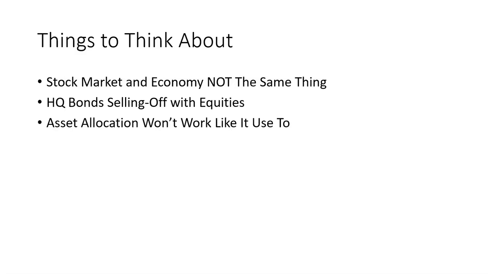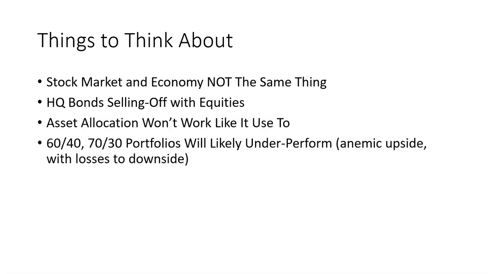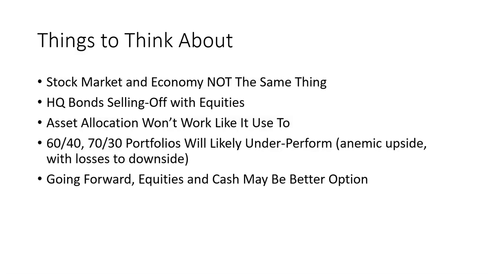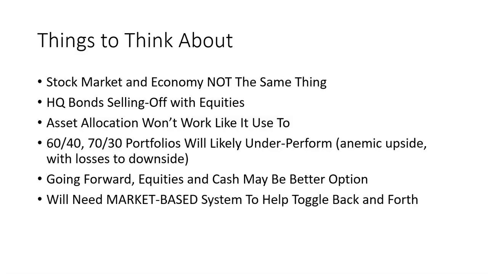So what this means is that asset allocation won't work like it used to, okay? It can't. The math just doesn't work. So a 60-40 or 70-30 type portfolio, which a lot of people have, will likely underperform going forward with anemic upside and losses to the downside. So going forward, guys, equities and cash may be a better option for many, if not most, investors.